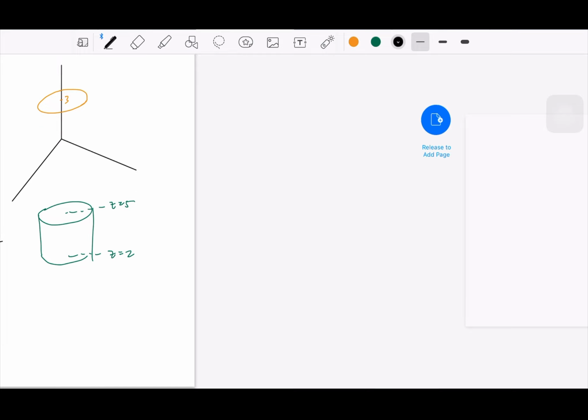Okay, another set of introductions that is quite important is the distance in a 3D system. So let's say we have P1 and P2, on entirely different coordinates. Let's say this is x1, y1, and z1, and this is x2, y2, and z2.